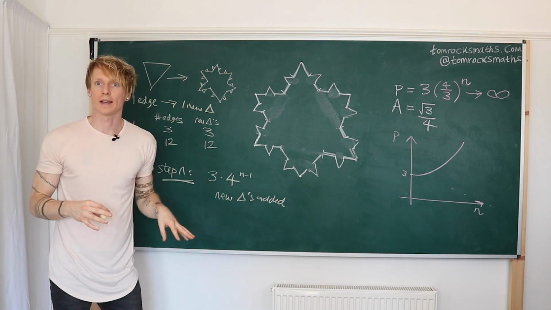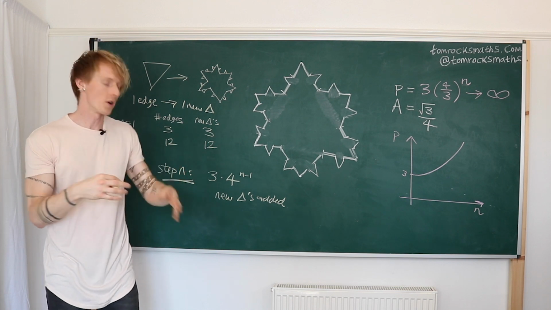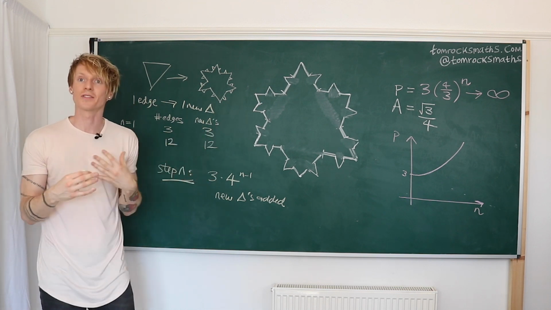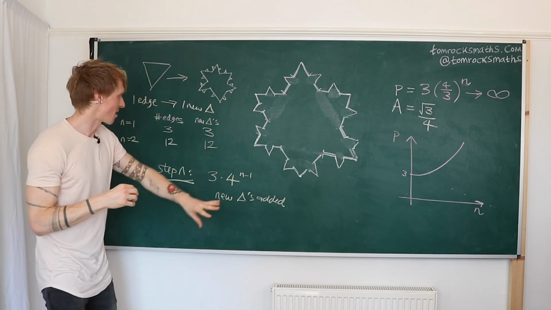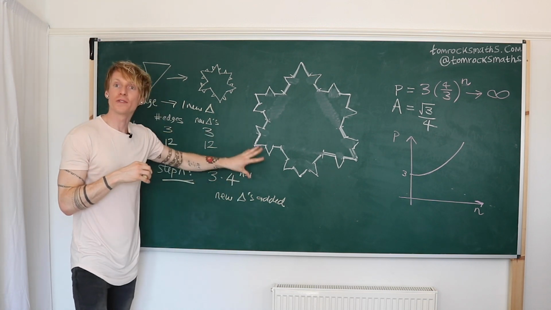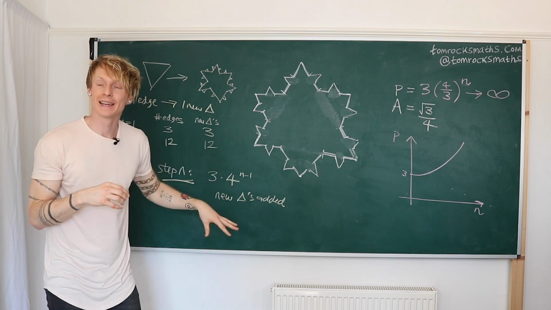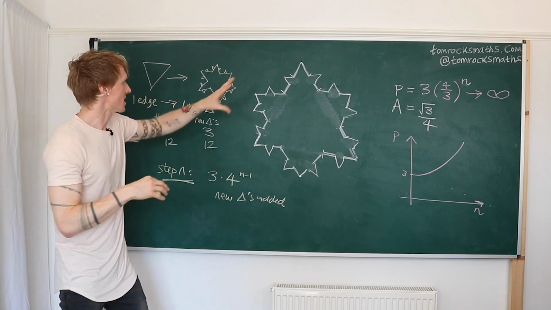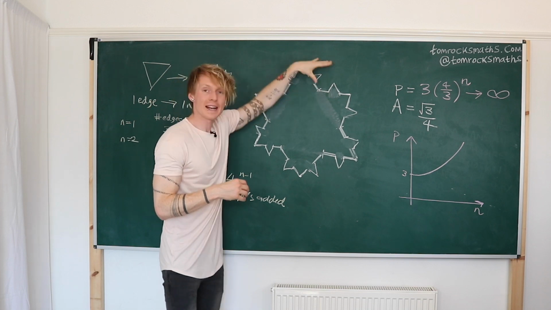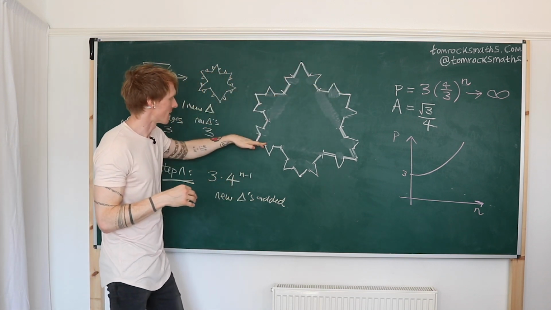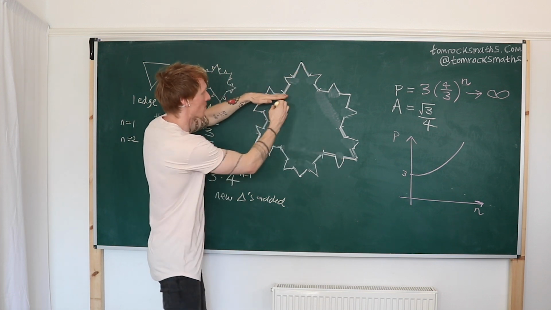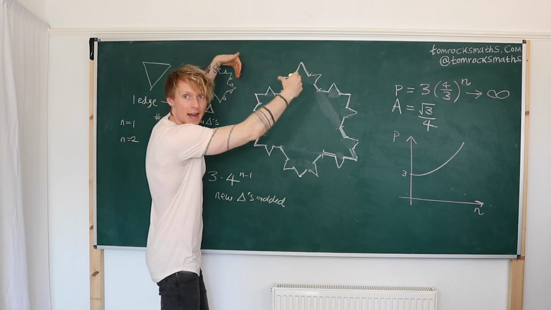Now you might be thinking, what does the number of triangles have to do with the area? And the trick here is to work out what the area of these new triangles we're adding is equal to. Because in each step, we're actually adding on area. So the area never gets smaller. It's the original triangle, and then we make it bigger, and then bigger again and bigger again.